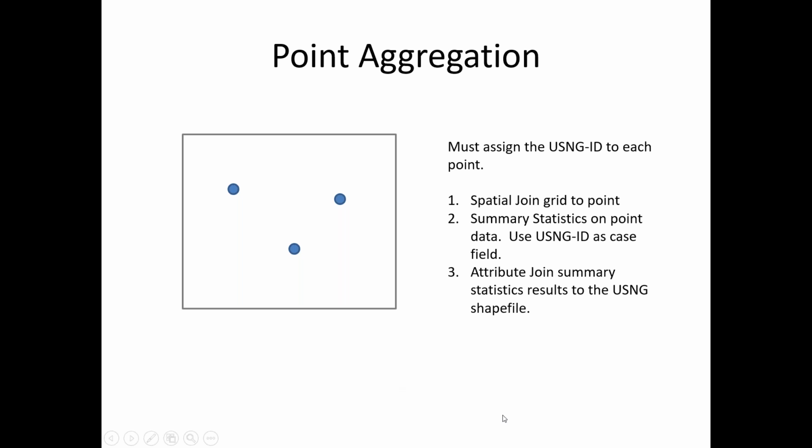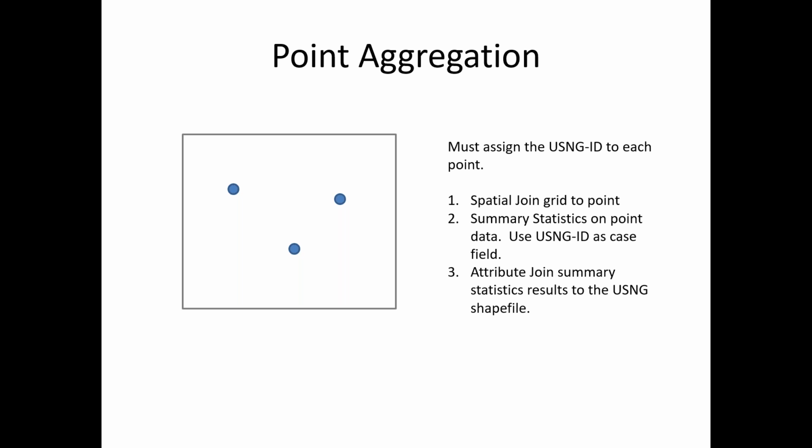The next thing that you will find useful to do is a point aggregation. If you have points and then you have your grid, what you need to do is assign an identifier to each of those points. And you can do that by spatial join, grid to point, and performing summary statistics on the point data, like we just talked about.